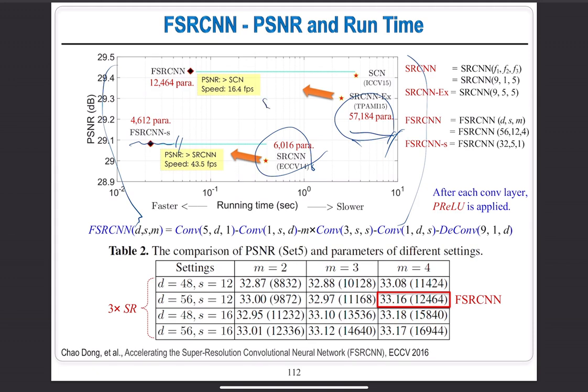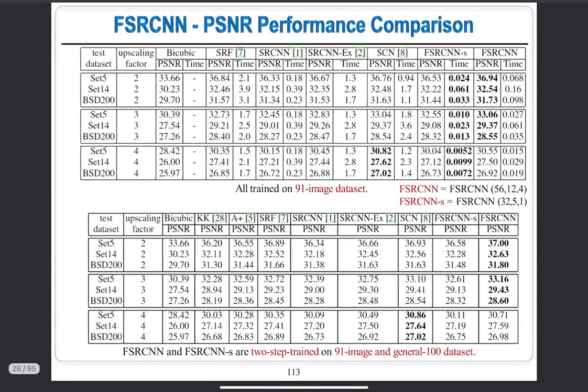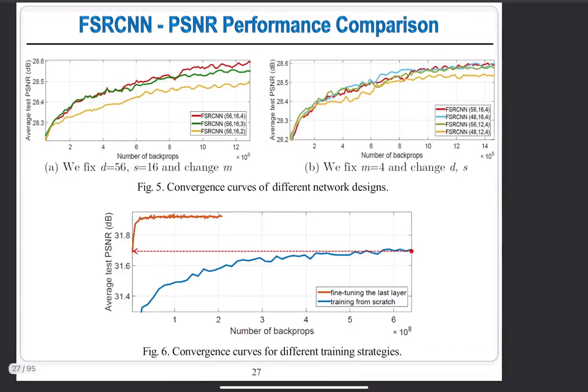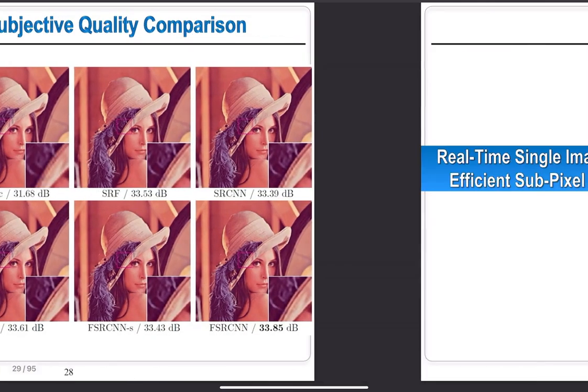Despite its smaller size, FSRCNN outperforms or comparably matches SRCNN in both speed and accuracy, proving that efficient design can be more important than complex architecture. That's all for FSRCNN, and this is not that important for you guys.